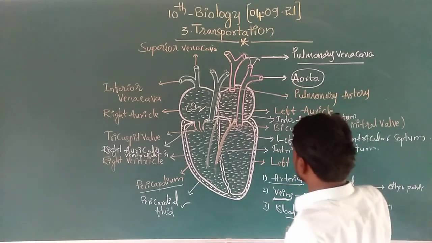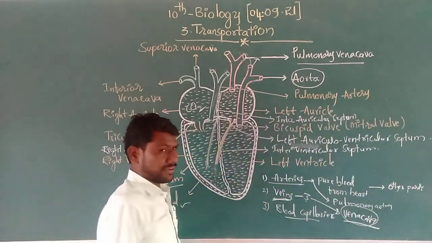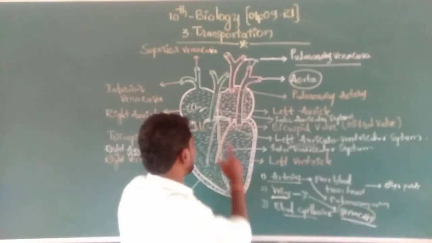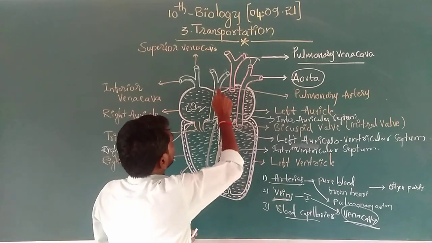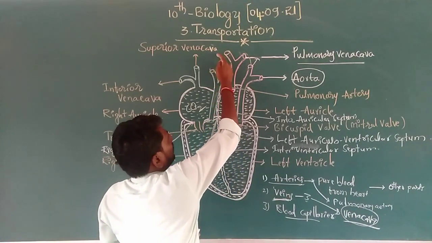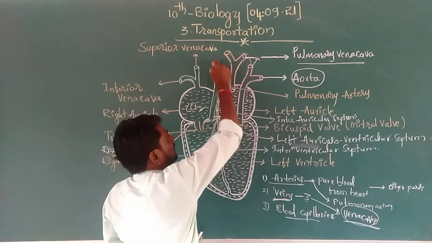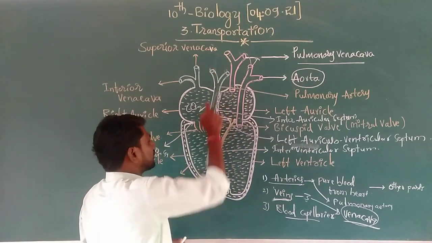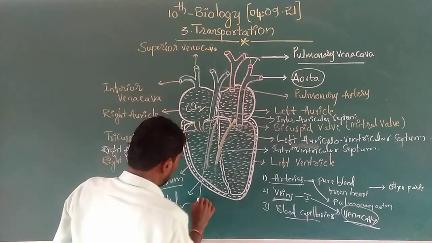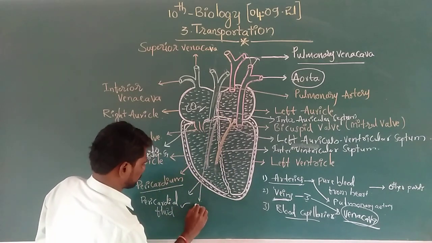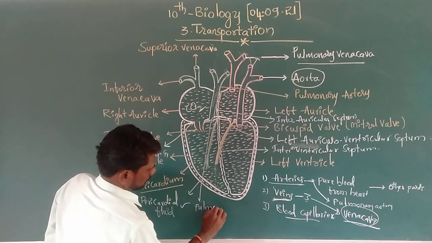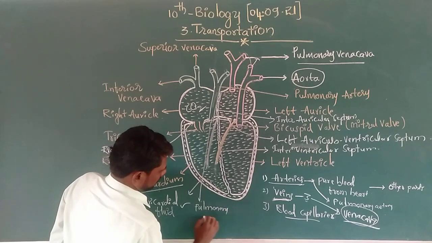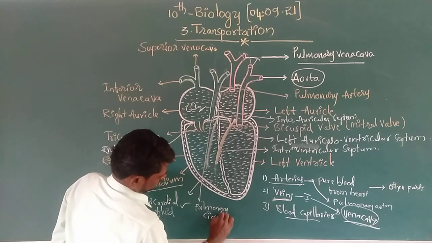When the heart contracts, the impure blood reaches the lungs. This circulation is called pulmonary circulation.